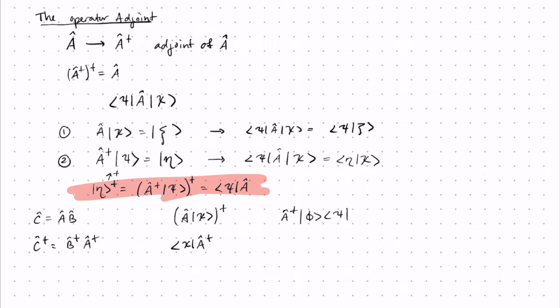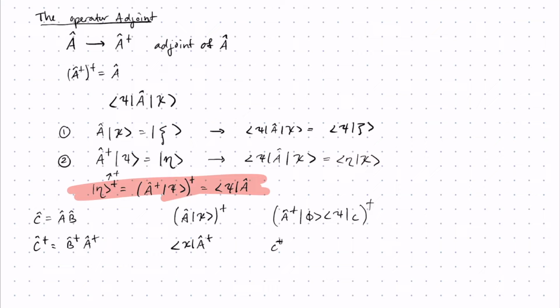Now let's imagine we have something slightly more complicated. We want to take the adjoint of this more complicated object. Again, we just step through. Right to left, the first thing we see is this c, which is a scalar, and the adjoint of a scalar is just the complex conjugate. The next thing we see is bra psi.